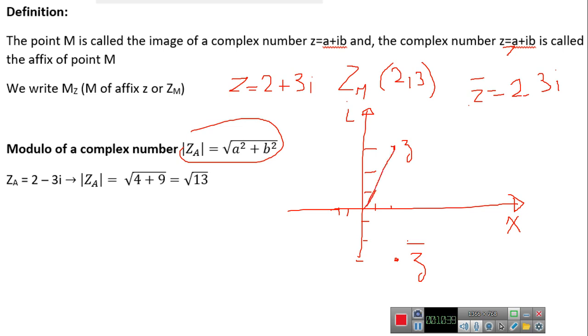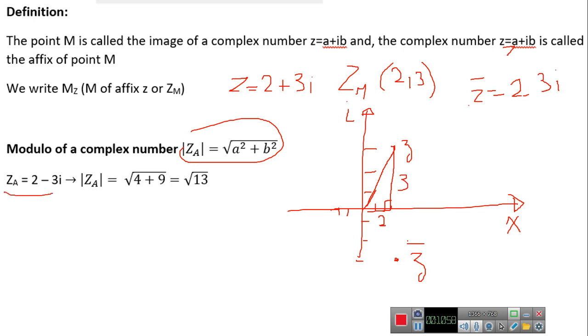And the modulo is always radical a square plus b square. Why? Because if you have this complex number, for example, and if you want to find the modulo, it is the distance, always the absolute value, from the origin. So if you do this rectangle here, this is 3, this is 2, so it will be radical a square plus b square.